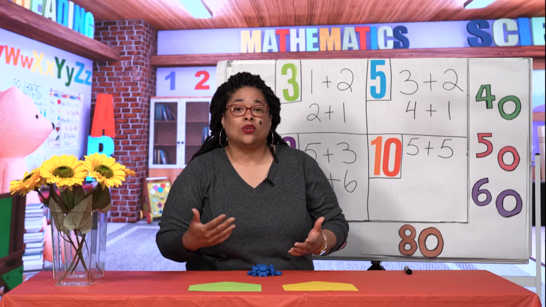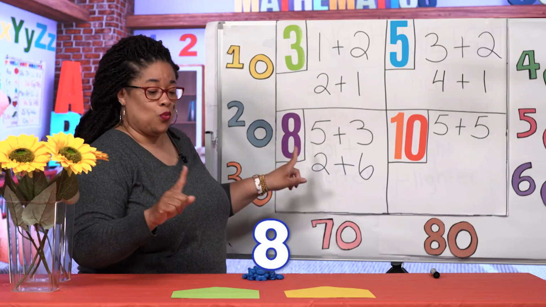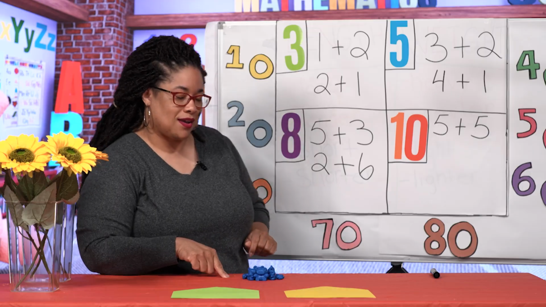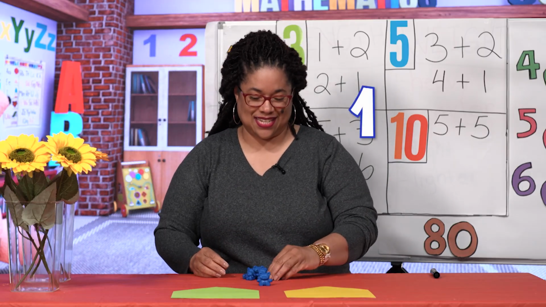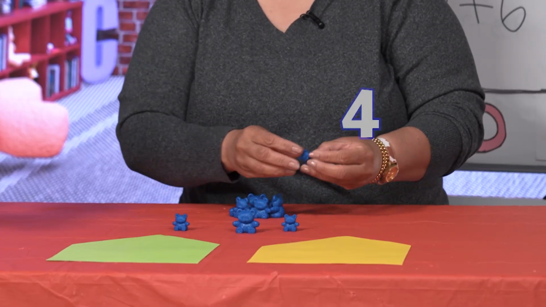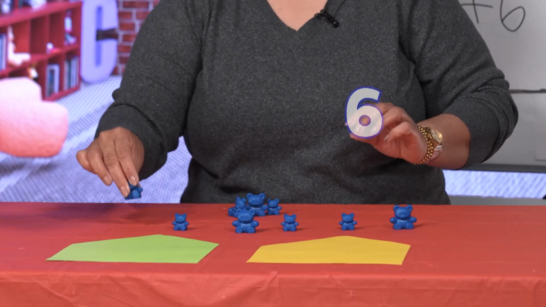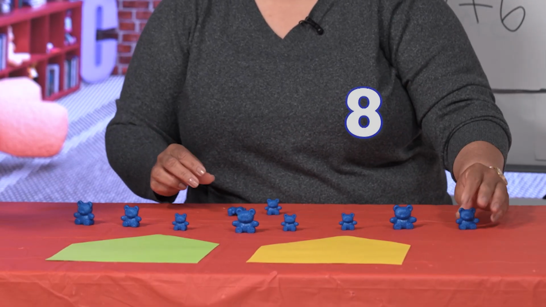All right, so let's go to the number 8. Now, we are going to need to count out 8 bears, so this will work. Count with me. 1, 2, 3, 4, 5, 6, 7, and 8.